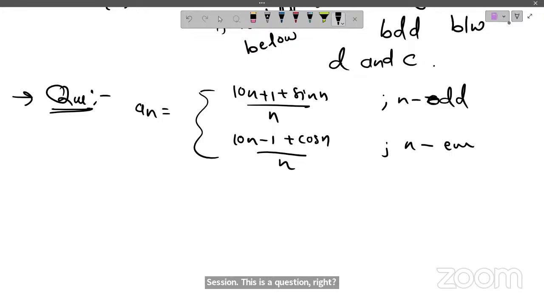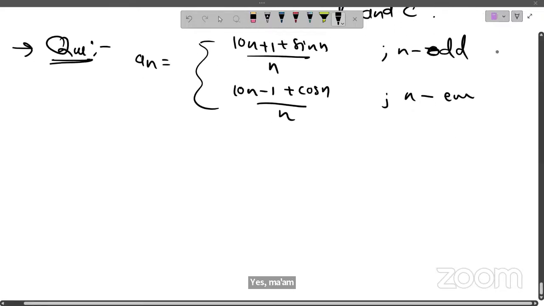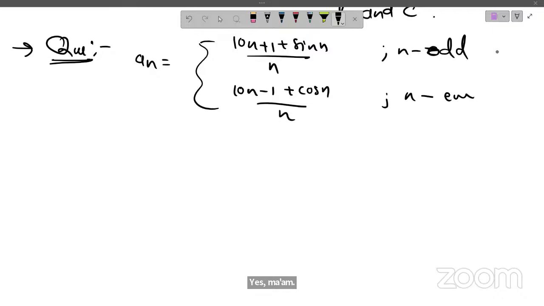In the chat box. Do you guys want to discuss it? Yes, ma'am. So what we have to do in this question? Convergence, right? Find the limit of this.